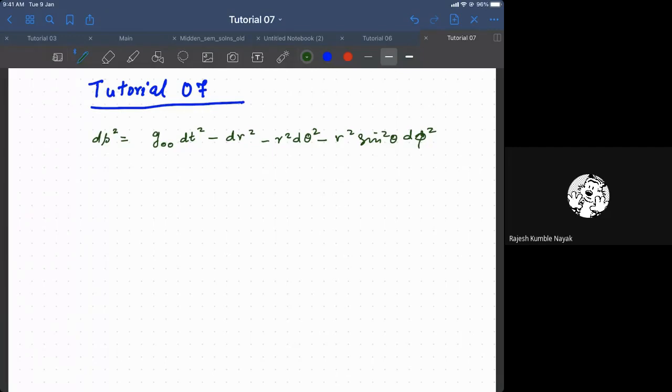So this is a Minkowskian metric. On the spatial side, it is a spherical polar coordinate system, and only G00 is assumed to vary, and the rest of them are assumed to be constants. That is an approximation. You cannot have a metric or space-time like this, but under some approximation it can be done.